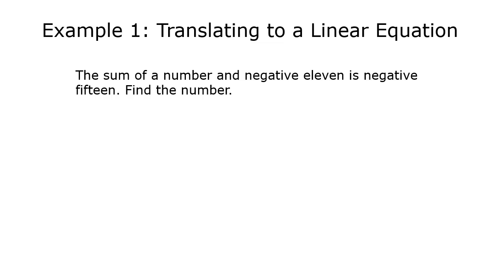One of the skills that you have to be good at is being able to translate English into math. We've talked about this before. It's one of those skills that you just want to practice. The sum, we always know, means to add. Well, what are we summing? We're summing a number and negative 11. Remember, the word "is" always means equals: negative 15.